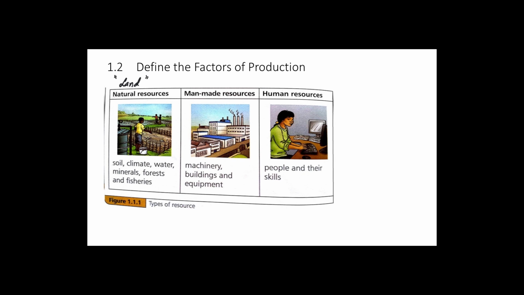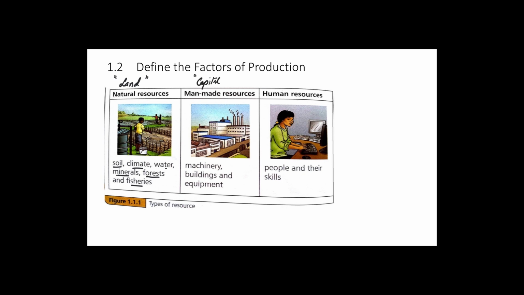If you were to define land, this is how you're going to define it: land represents the natural resources that a country has. For example, it could be the forest, the fisheries, the minerals, the water, the soil, the climate, any of these things. But how would you define it? Land is the natural resource.